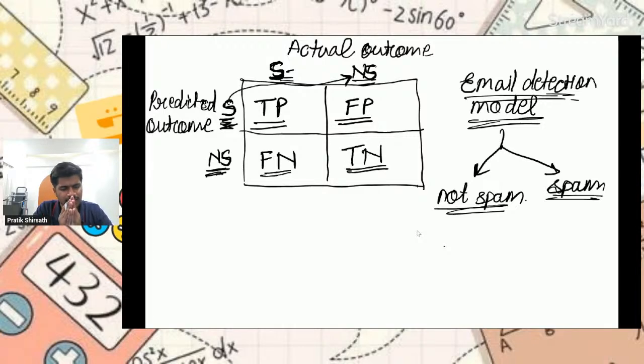Now, in these four components, what are the two components we have to look upon and evaluate more carefully? These are TP and TN. Higher the value of TP and higher the value of TN, it indicates that your model is suited or fits the particular data which you are using.